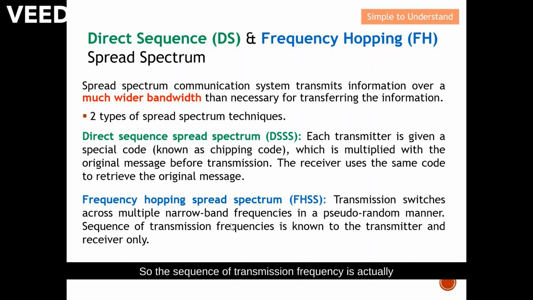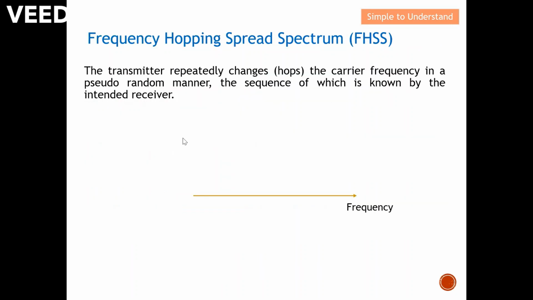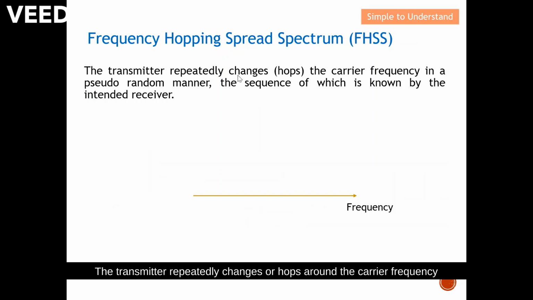The sequence of transmission frequencies is only known by the transmitter and receiver. So let's take a look at frequency hopping spread spectrum first. The transmitter repeatedly changes or hops around the carrier frequency in a sequence that only the receiver knows.